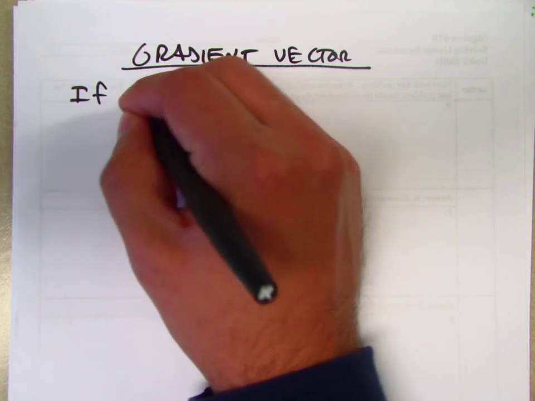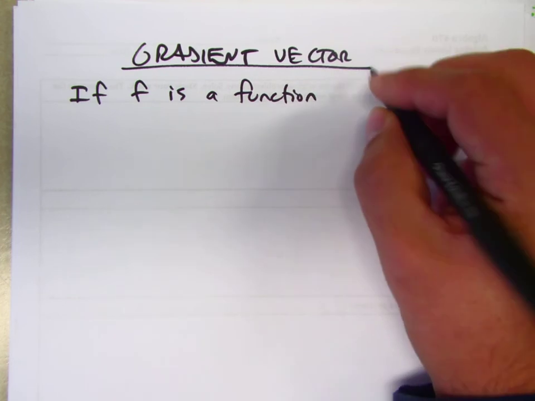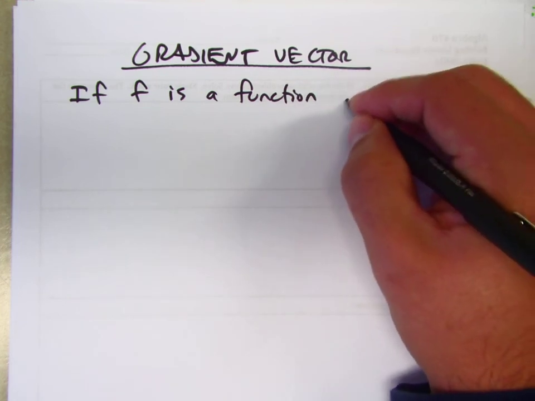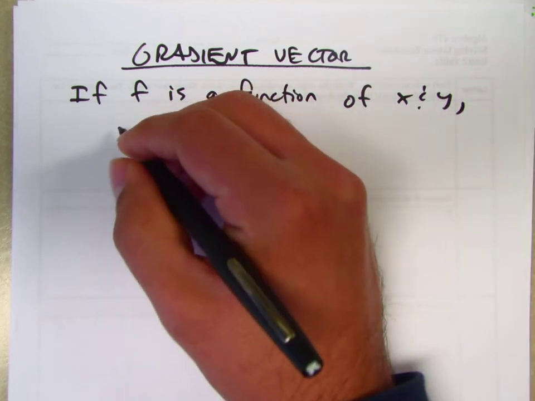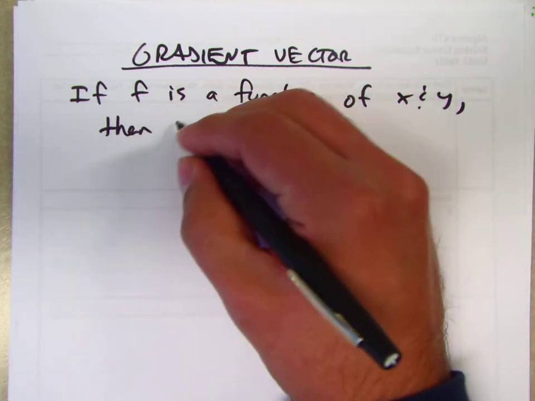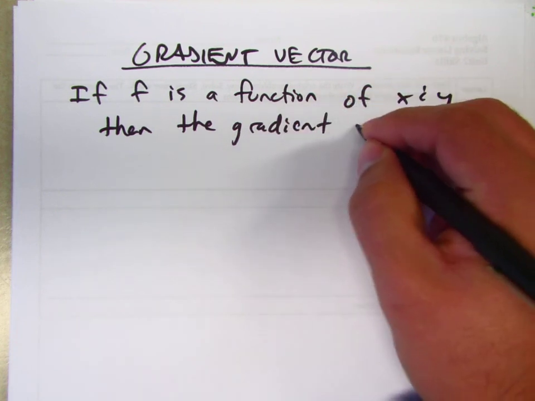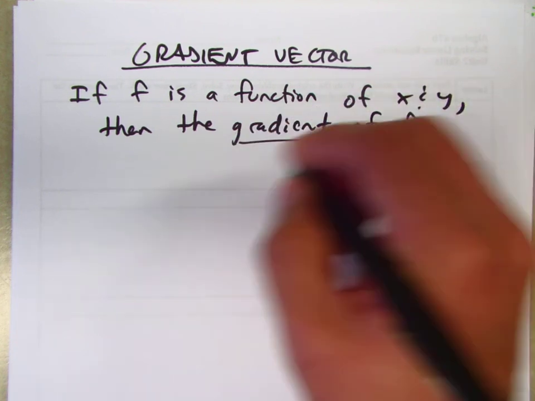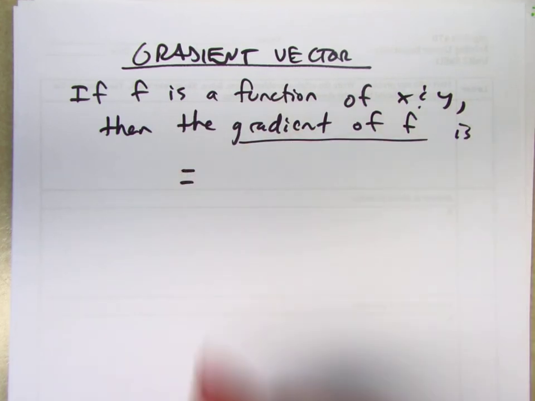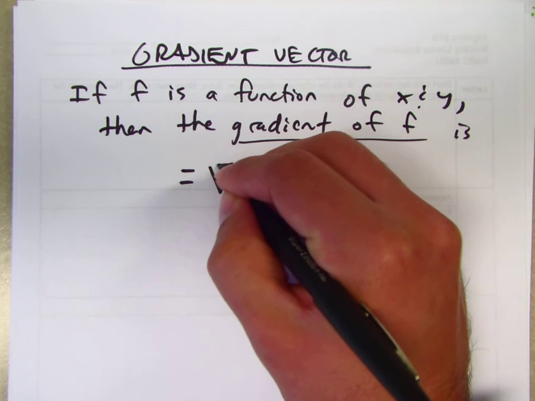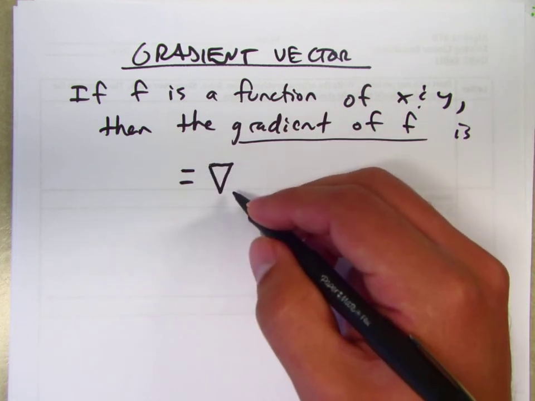If f is a function of x and y, then the gradient of f is, and then we use the symbol del. Okay. So upside down triangle, that's what we call del.